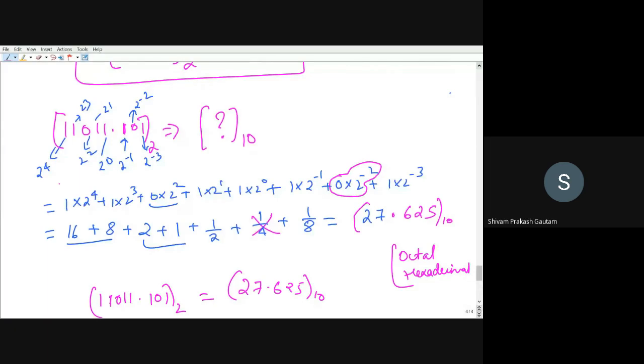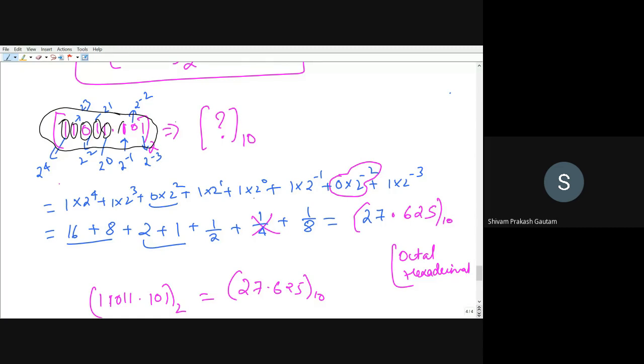Let us suppose this is our binary number which we have to convert into a decimal. Each digit has its own power. Just after the decimal point, this place has 2 to the power 0, then 2 to the power 1, 2 to the power 2, 2 to the power 3, and 2 to the power 4.